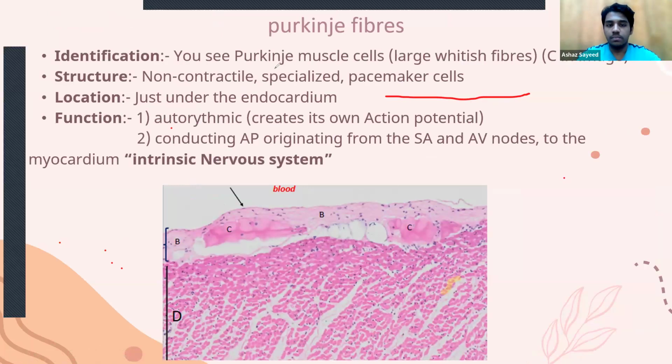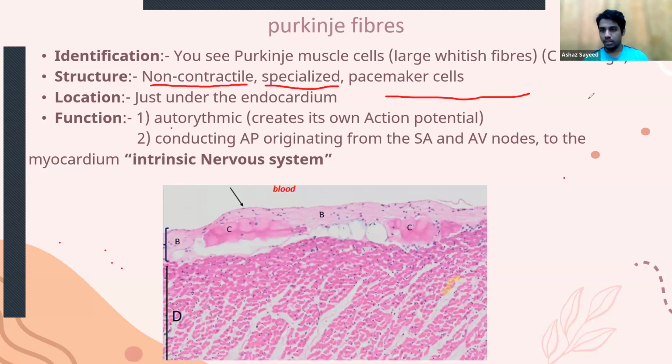So to identify them, you just see these large cellular structures in the endocardium. Remember that these are non-contractile. They do not contract, and they are specialized cardiomyocytes.